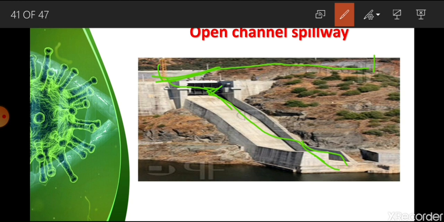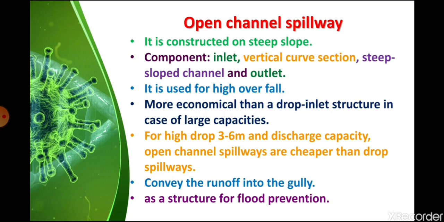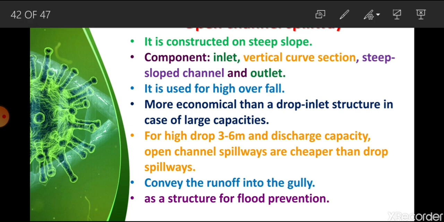Now what are the different components? Obviously there would be a kind of gate or inlet, then this grate system, and then its outlet. So in a better way, what are the different components of an open channel? Inlet, vertical section, steep slope, and outlet.